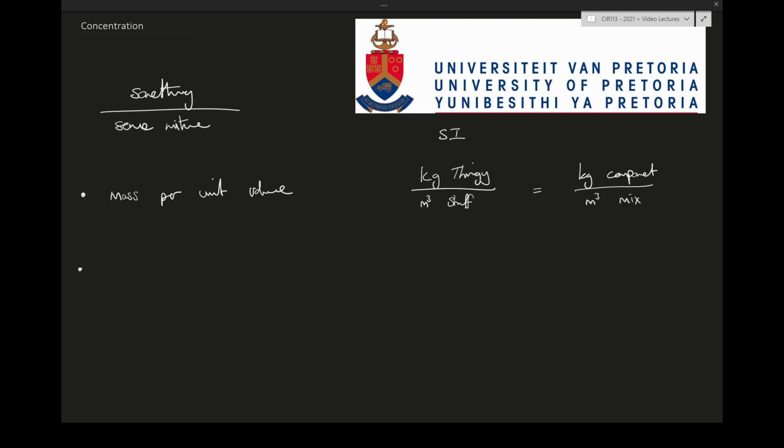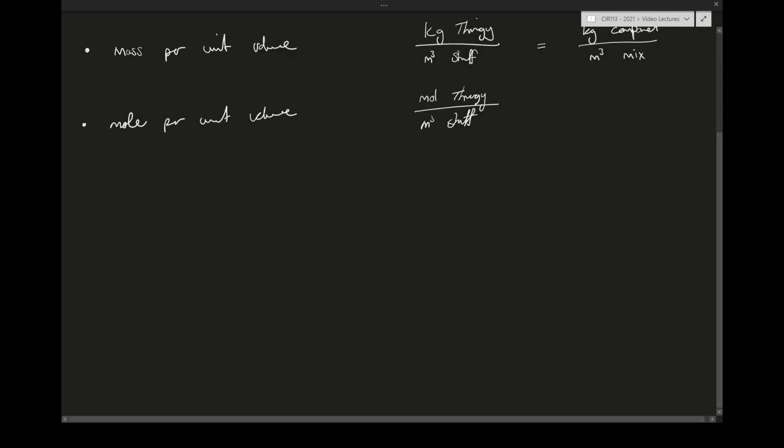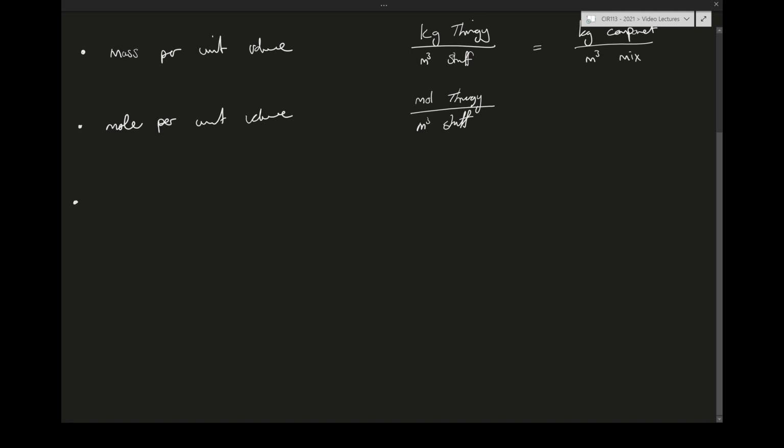The next one is going to be mole per unit volume. We can express this as the mole of thingy over the cubic meters of stuff. Other variations we can have of this mole per unit volume is molarity, which is expressed as per liter solution, which means it is gram mole thingy over liter solution.